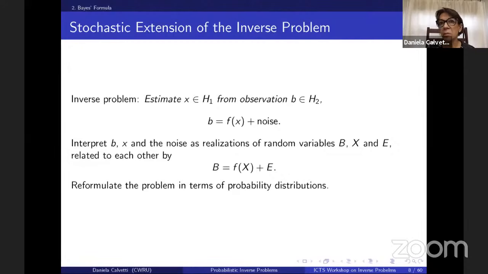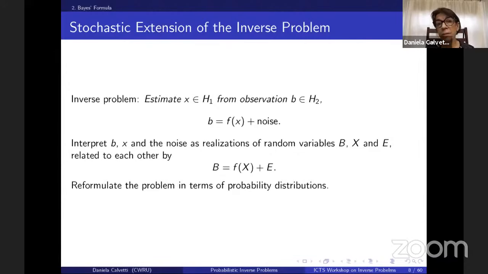Noise could be interference in the measurement device. It could also be that the model, the law that is linking x to b, is imperfect. So I'm going to lump into this noise everything which disrupts this perfect relationship between x and b.